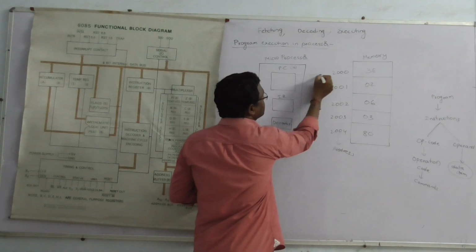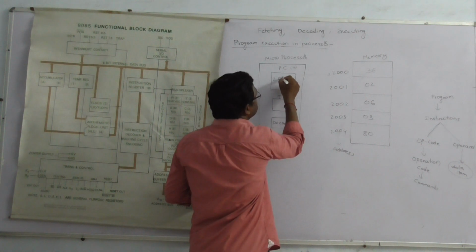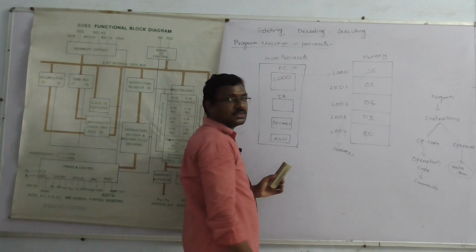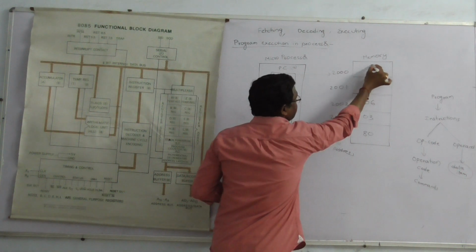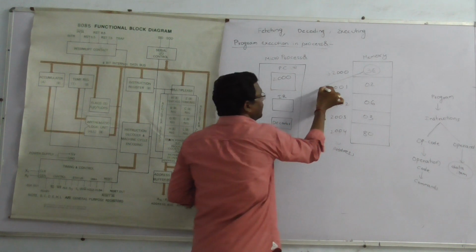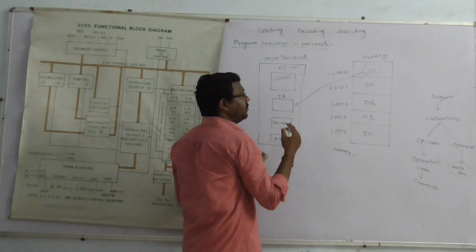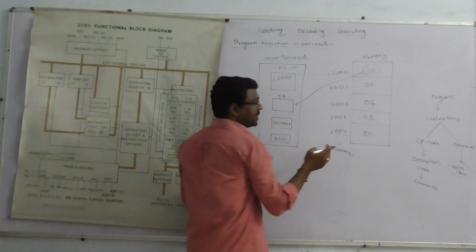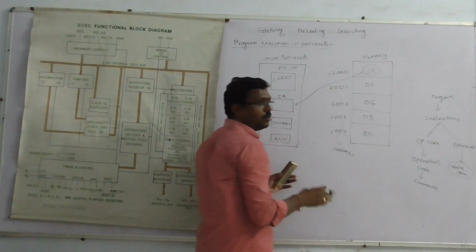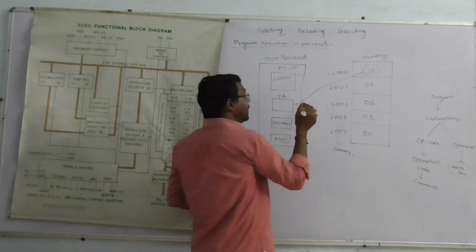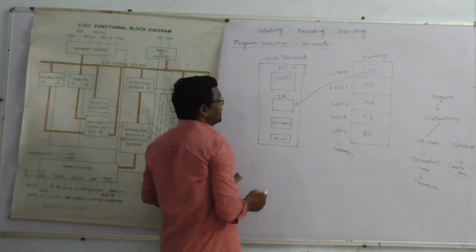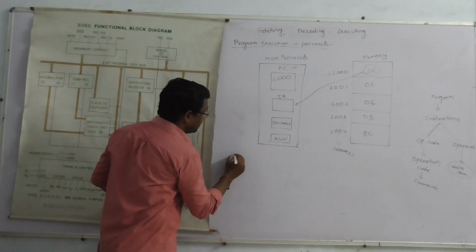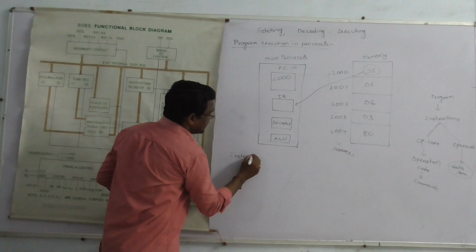For example, it can store address 2000, and at address 2000 the information can be stored, represented by opcode and operand, whatever it may be. Here the IR register means the instruction register.